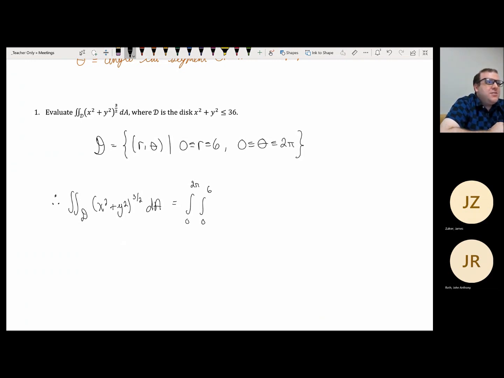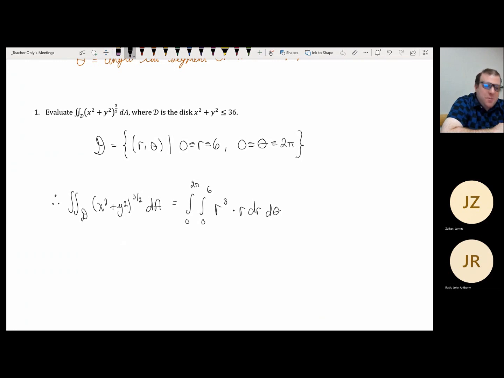It'd be r squared to the 3/2. And then the differential, r dr d theta. By convention, we always write it as dr d theta and not d theta dr.